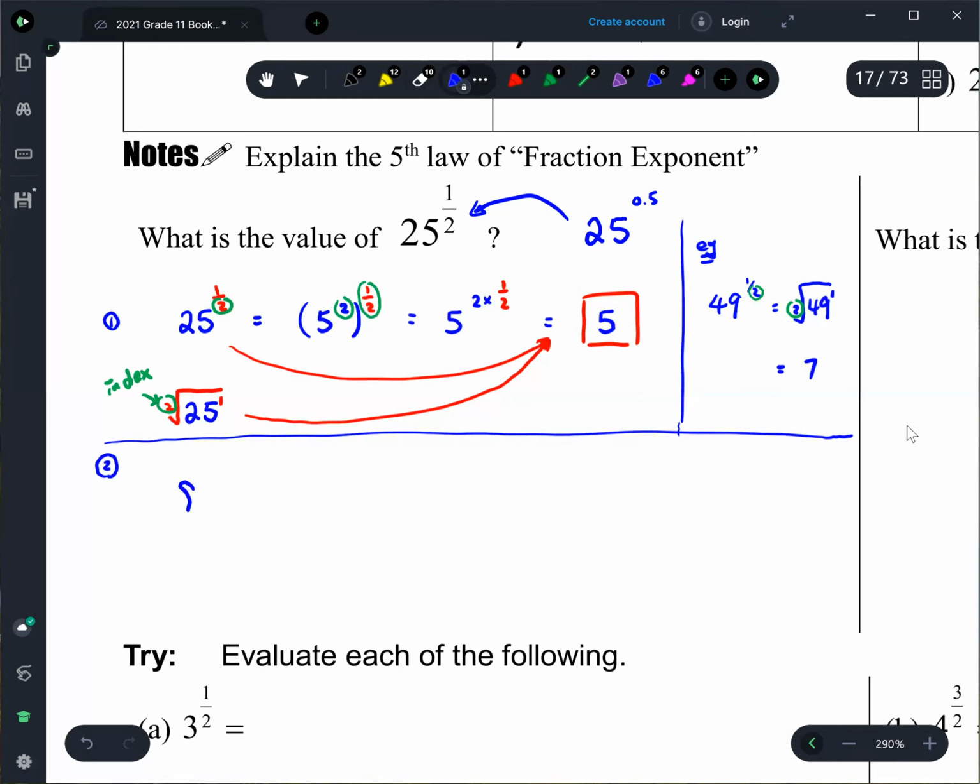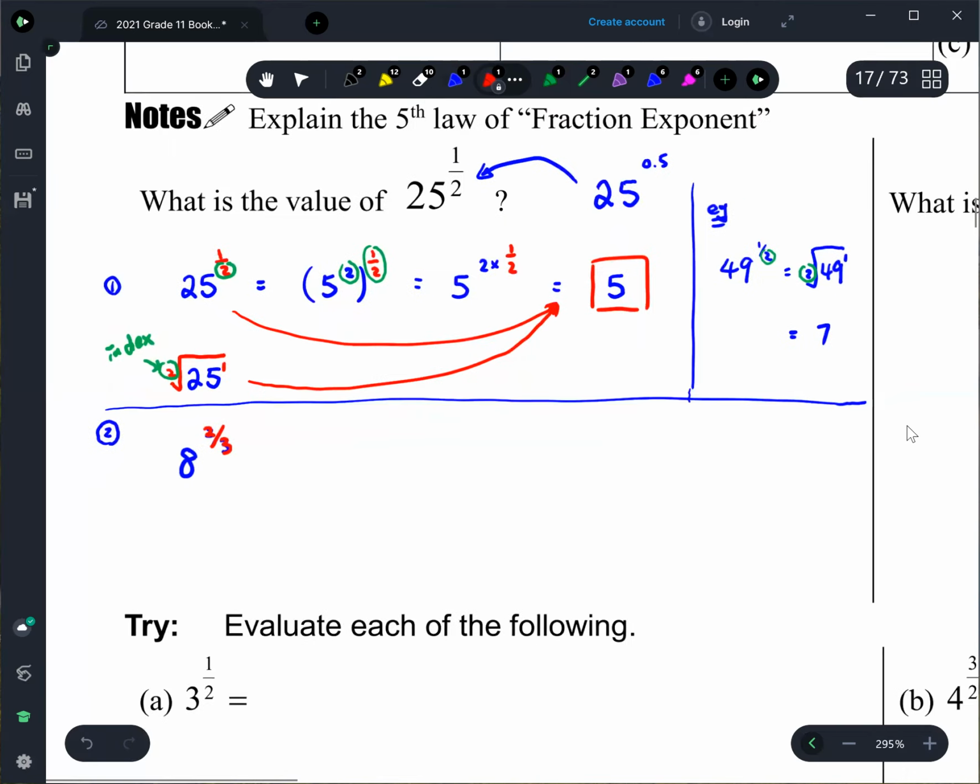We'll use 8. 8 to the 2/3. Once again, I'll use a different color for the 2/3. So 8, just like 25. 25, I can write as 5 squared.